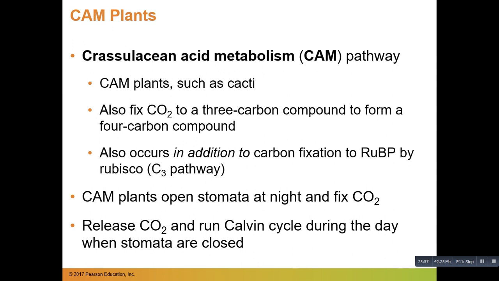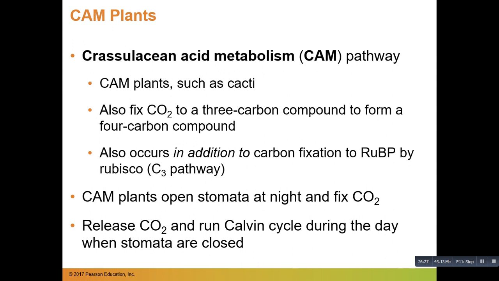So we really need to make sure that we limit the oxygen that is building up in the leaves. However, we also don't want to open up those stomata because we don't want to release the water that's in the leaves either. Cactus have a very waxy surface so as to eliminate their loss of water.